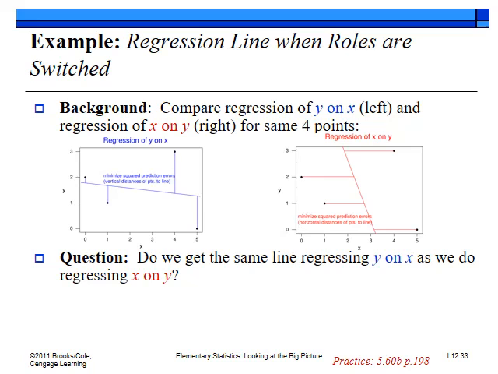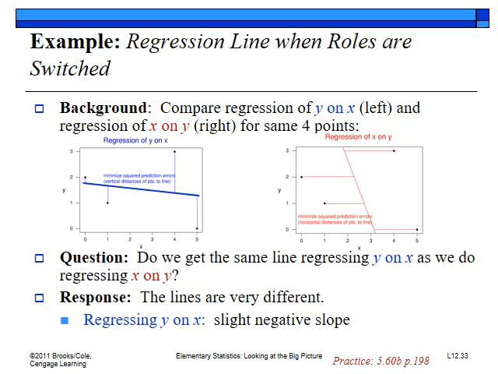Notice that the lines are different. The one on the left has a very shallow slope, while the one on the right has a steep slope. When we regress y on x, we get that slight negative slope. We're trying to minimize the prediction errors of predicting the y value based on the x value, so those are vertical.